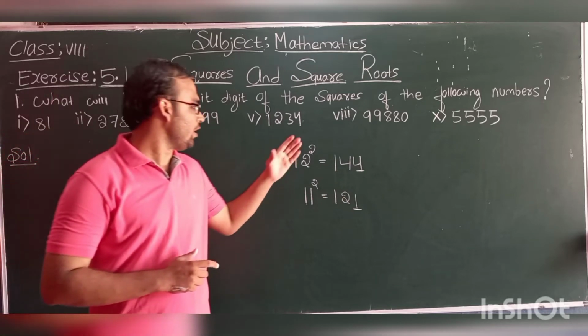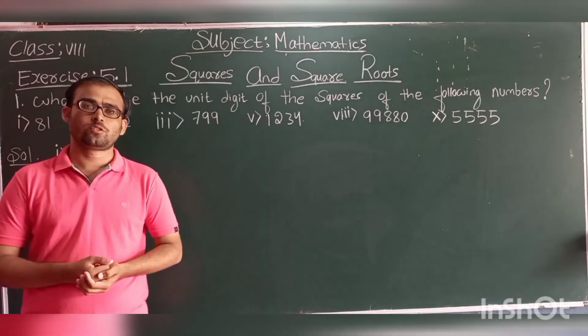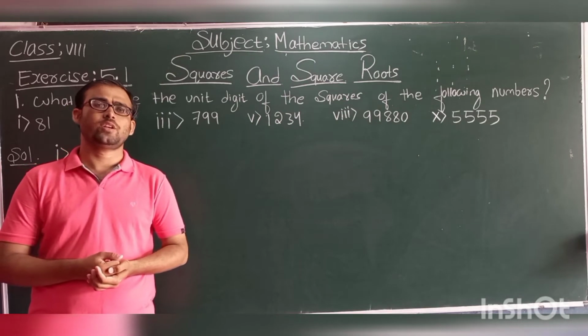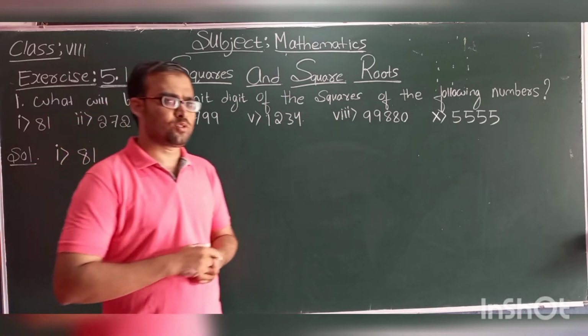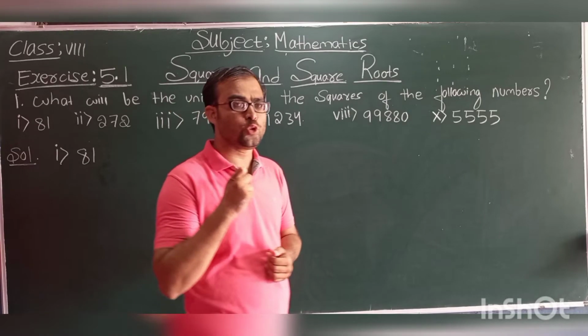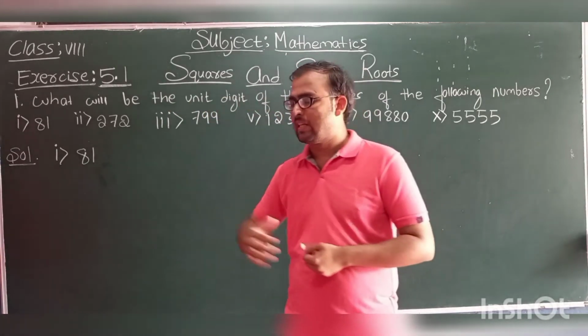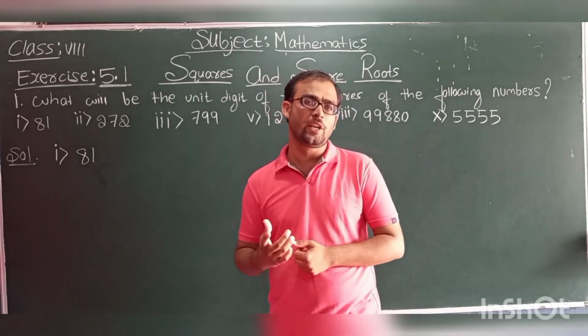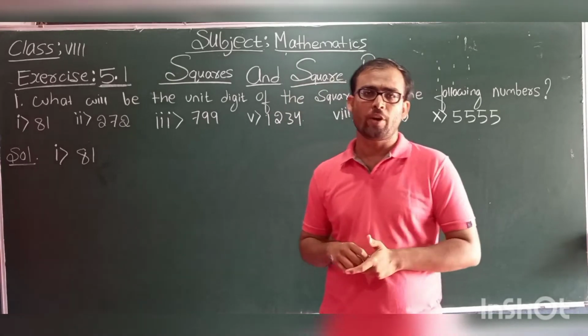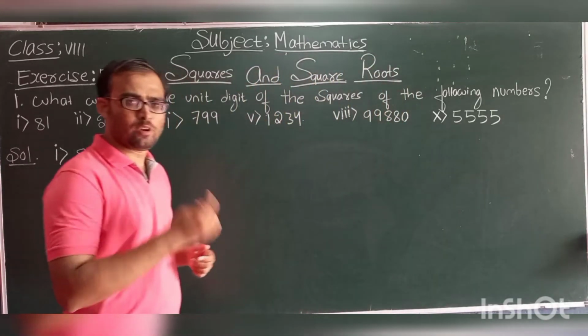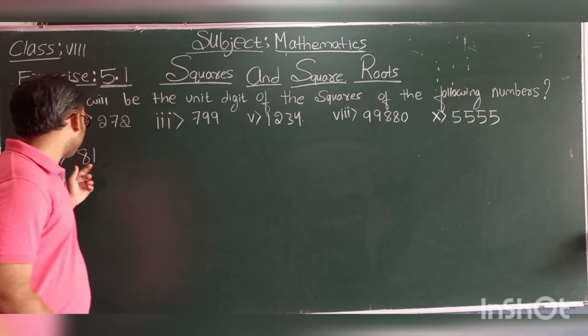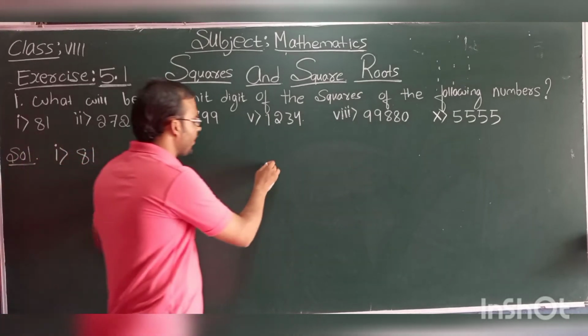So here we'll follow the same procedure. Students, now we'll solve the first question. If we want to find the digit in the unit place of the square of a number, it is not necessary to find the square of the number. If you want to find the digit in the unit place of the square of 81, we need not find 81 square.